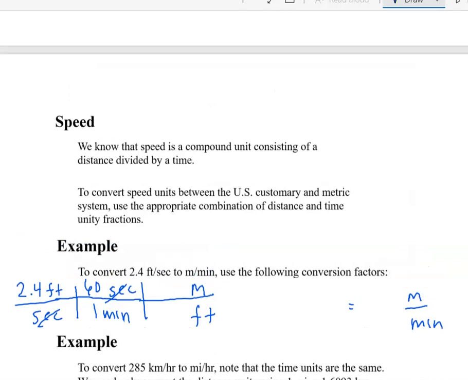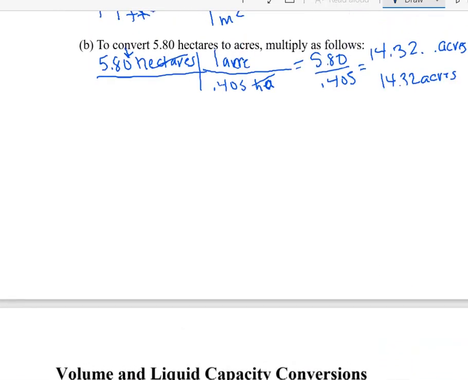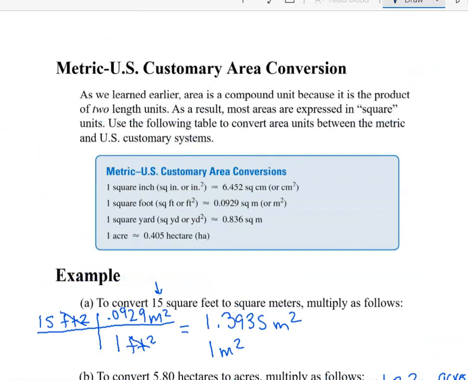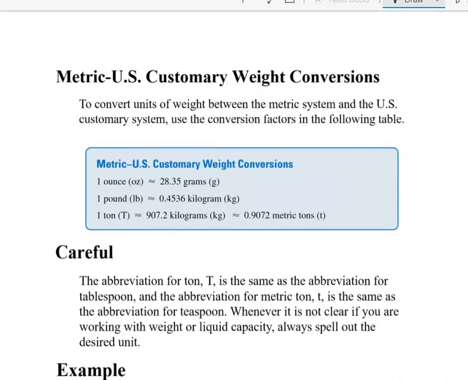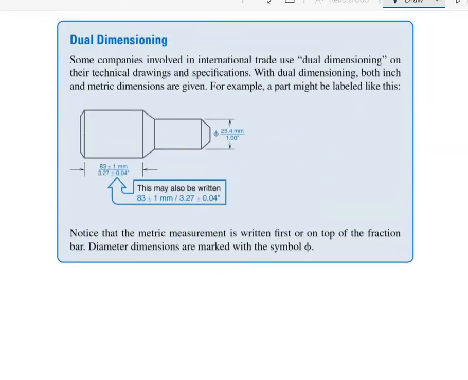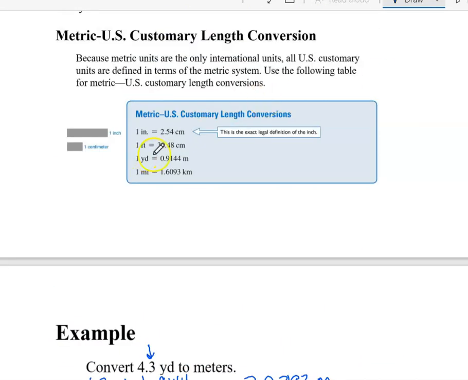Let me go back up here and look at my tables. 1 foot, that's square meters, sorry. Let's go on up. There we go. 1 foot is 30.48 centimeters.